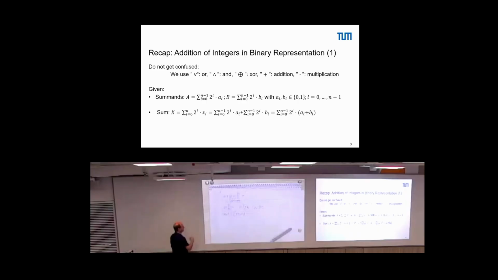Then the 12 actually is, just to write in the correct form, 2 to the power of 0 times 0 plus 2 to the power of 1 times 0 plus 2 to the power of 2 times 1 plus 2 to the power of 3 times 1 plus 2 to the power of 4 times 0 plus 2 to the power of 5 times 0. That's just a representation from here, right? This here is A0, A1, A2, A3, and so on.